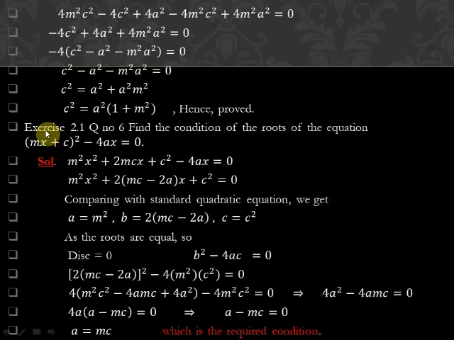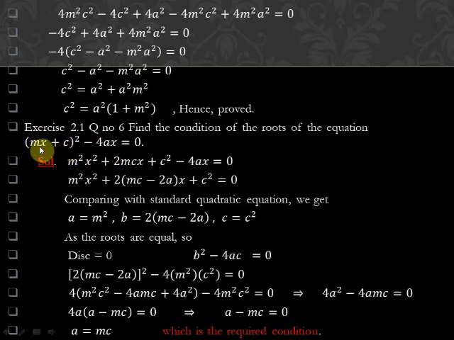Now we take question number 6. Find the condition of the roots of the equation (mx + c)² − 4ax = 0 to be equal. We solve by expanding the formula (a + b)².